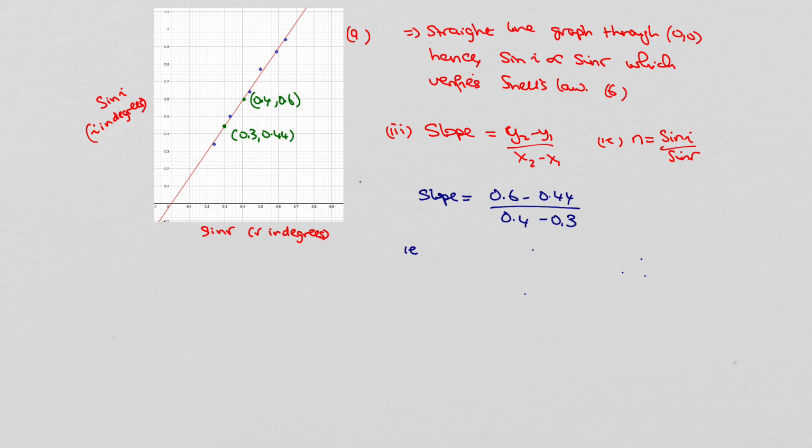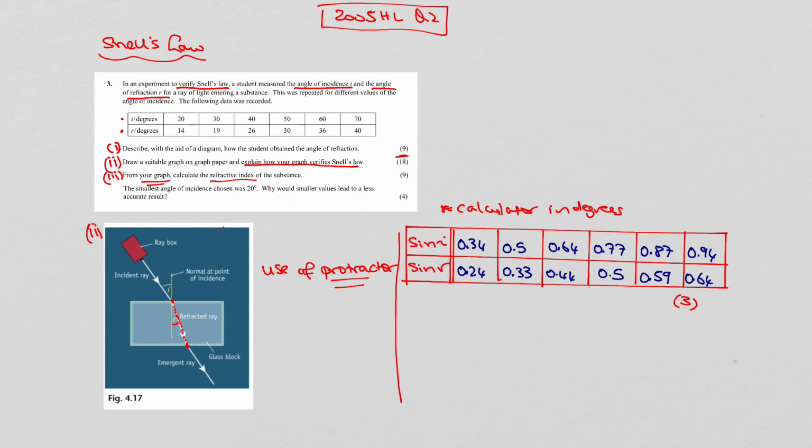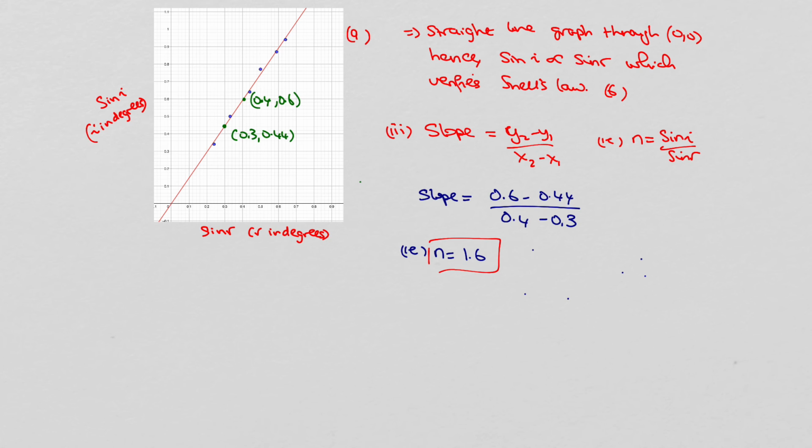And therefore our slope is our refractive index. Gives us a value of 1.6 for the refractive index. Okay, and again there were 9 marks for that. So using your graph, you had your slope, substitution, and your answer.